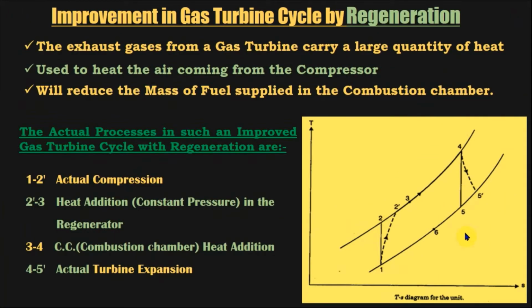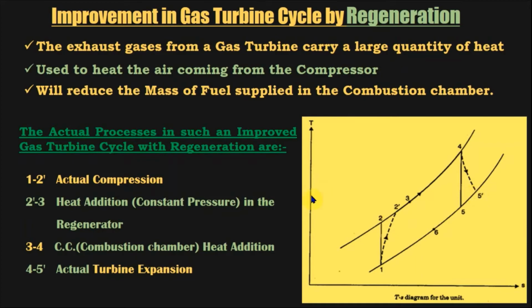Important points you have to keep in mind is the exhaust gases from a gas turbine carry a large quantity of heat. So you can clarify that point like this. Here 5 dash is the condition of exhaust gases when it comes out of the turbine after expansion if they are delivered out. So T5 dash is that temperature.